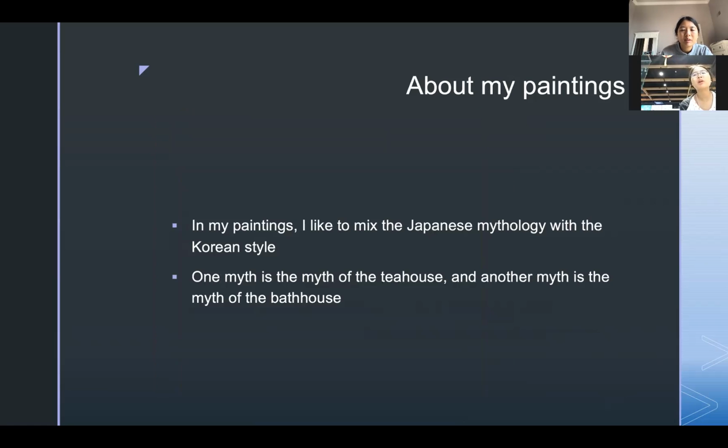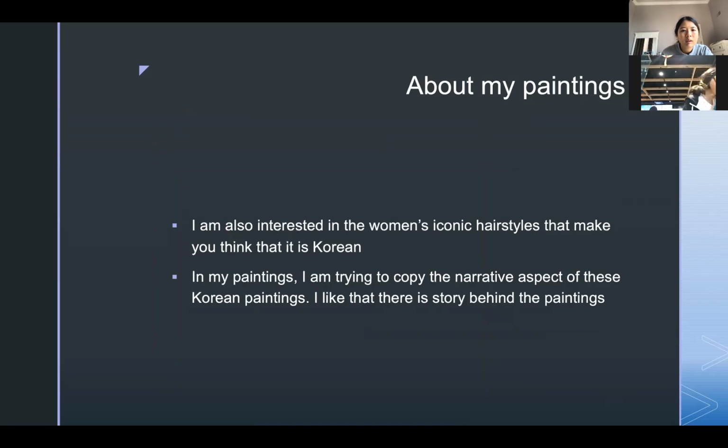And now I want to introduce my own paintings. In my paintings, I like to mix the Japanese mythology with the Korean style. One myth is the myth of the tea house, and another myth is the myth of the bathhouse. I'm also interested in the women's iconic hairstyles that make you think that it is Korean.